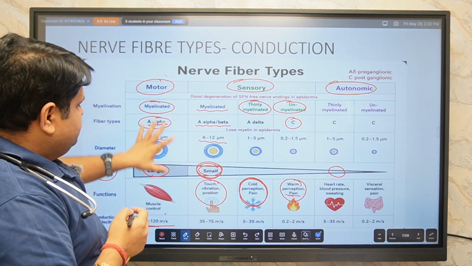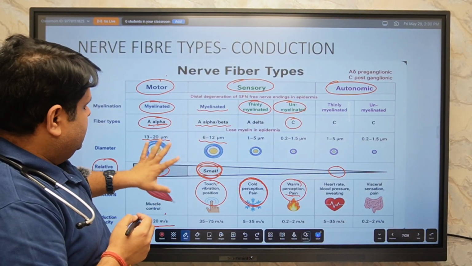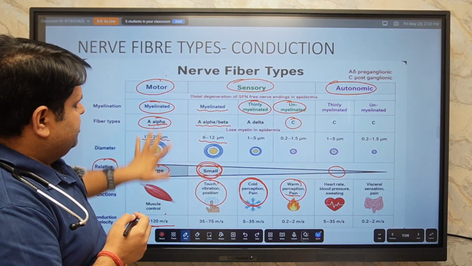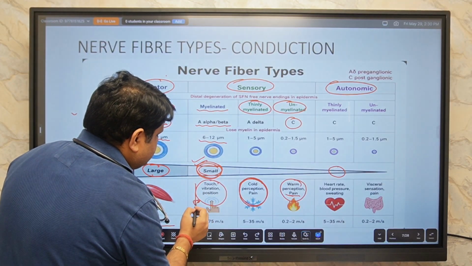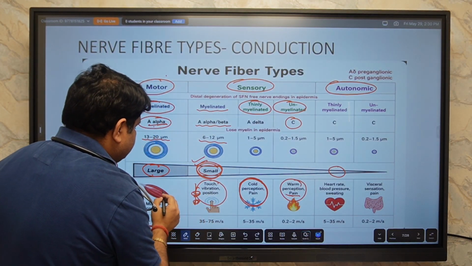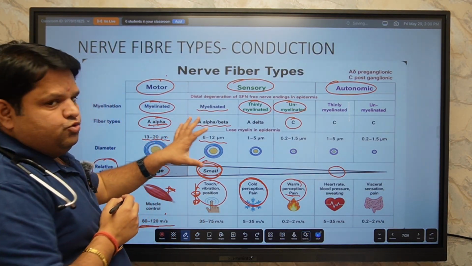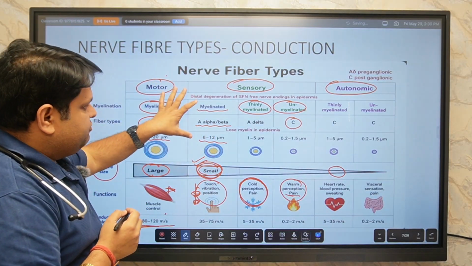So as we see, the size of the fiber is large in the case of motor nerve fiber and posterior column sensation. These are usually large, myelinated fibers.